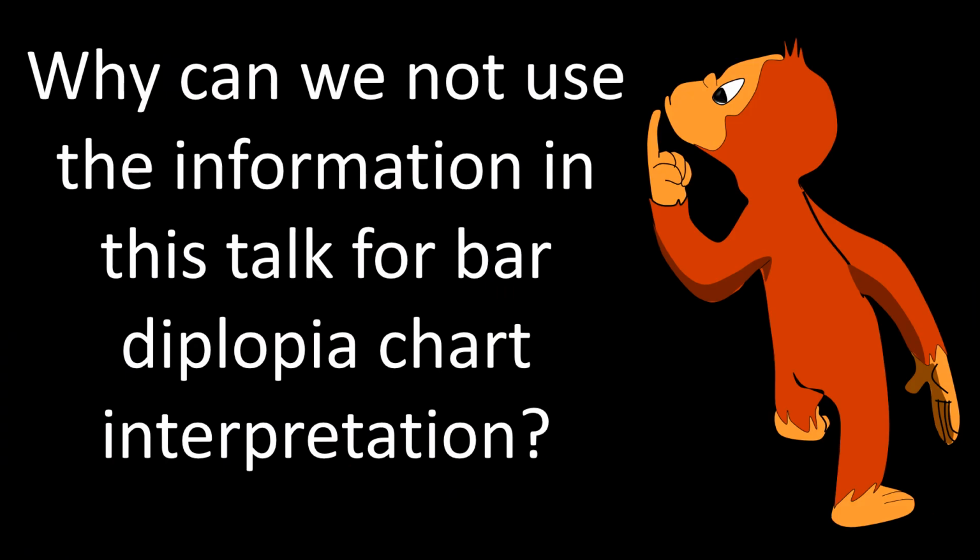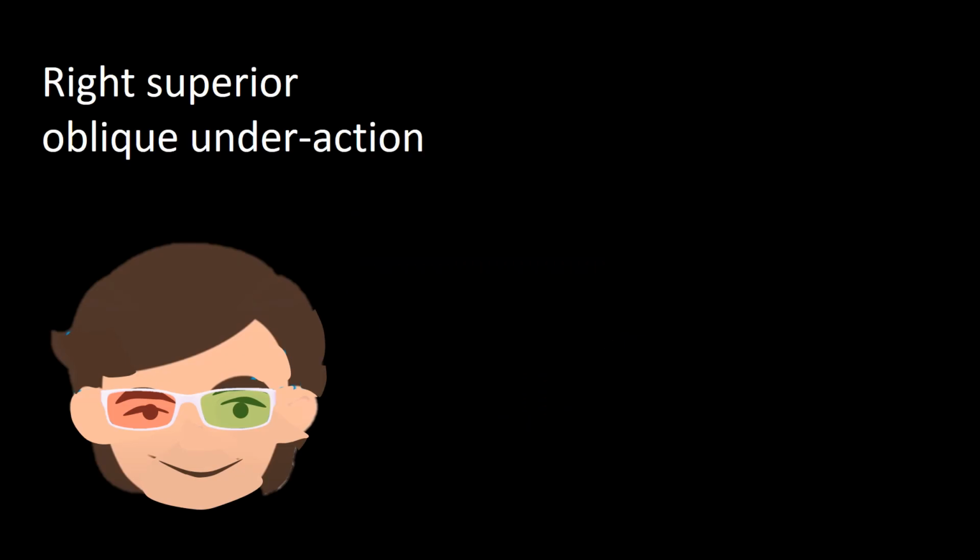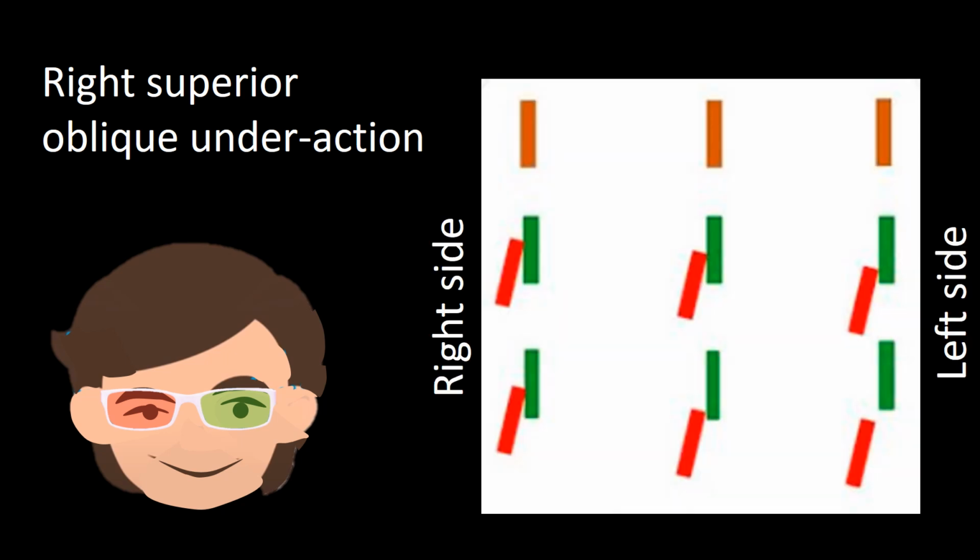So why can we not use the content of this talk for bar diplopia chart interpretation? It is a matter of orientation. In this frame, I have presented a patient with right superior oblique under action, as the one I just showed you in the photographs, and the corresponding bar diplopia chart.